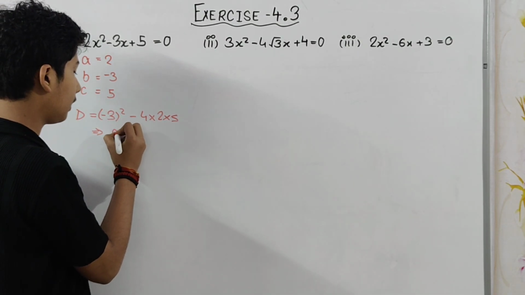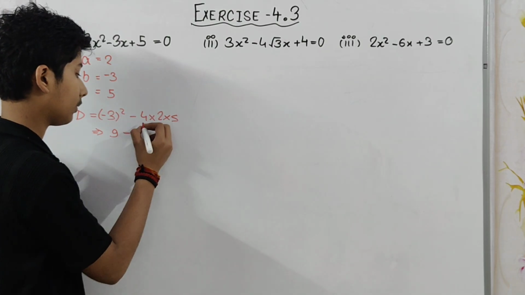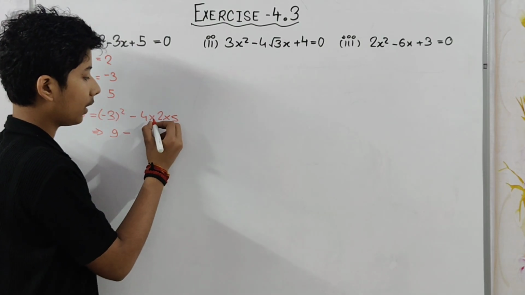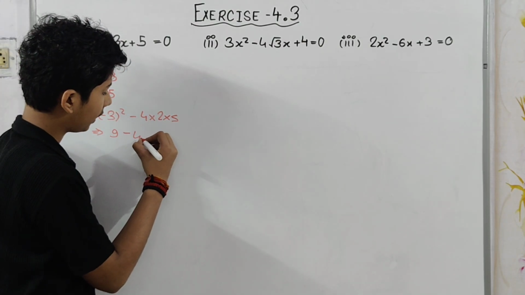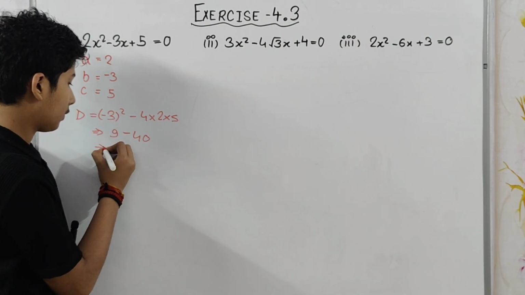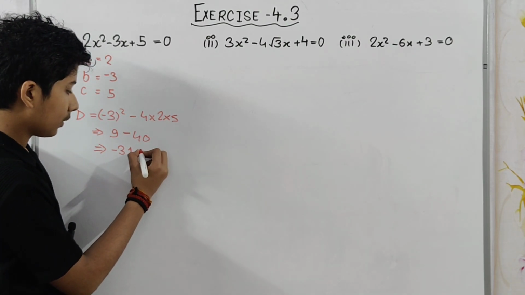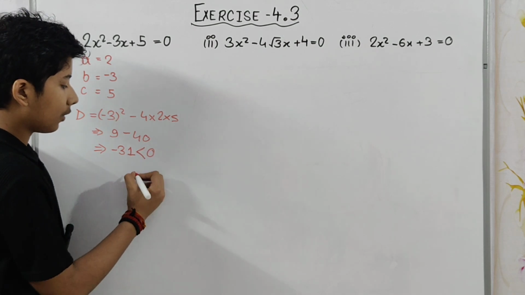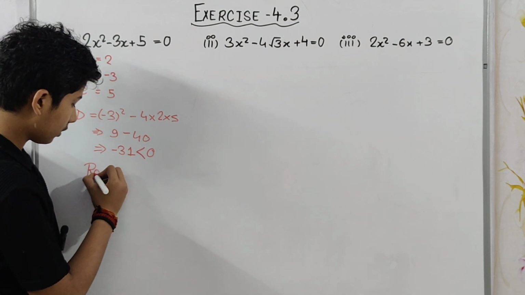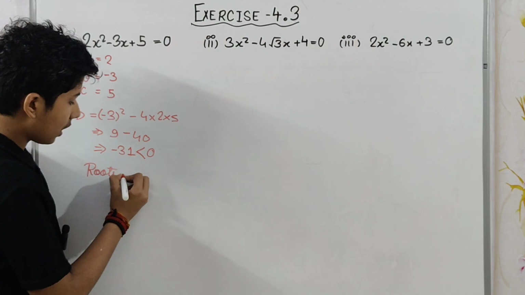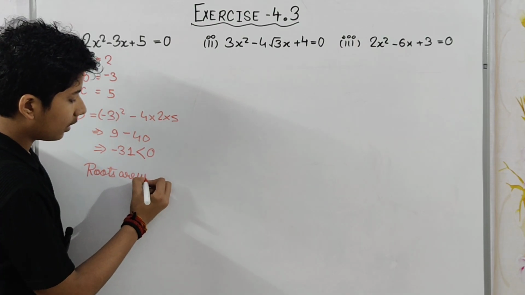Minus 3 square is 9, minus 4 into 2 into 5 is 40. So our answer is minus 31, which is less than 0. So the roots are unreal.